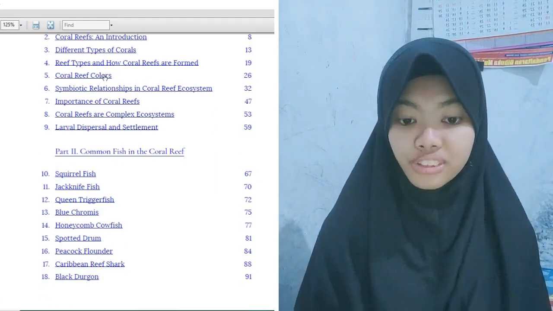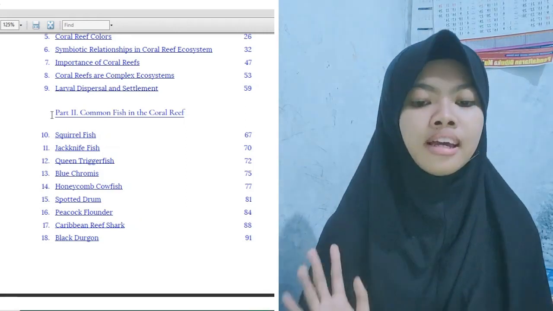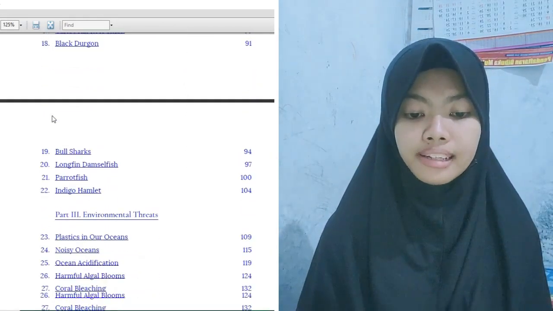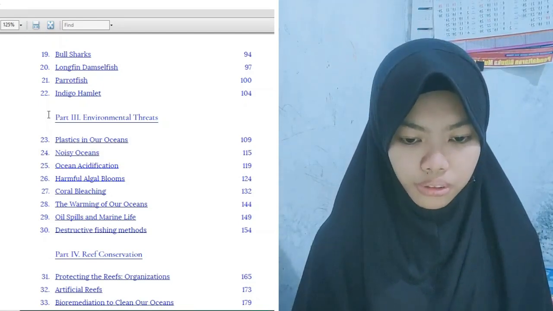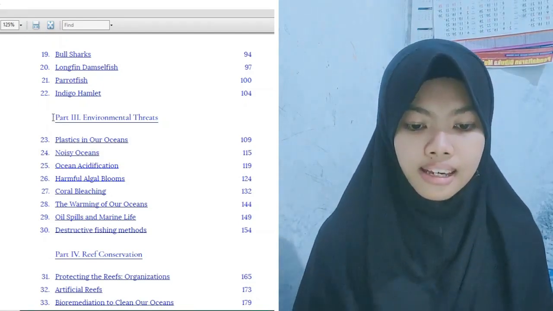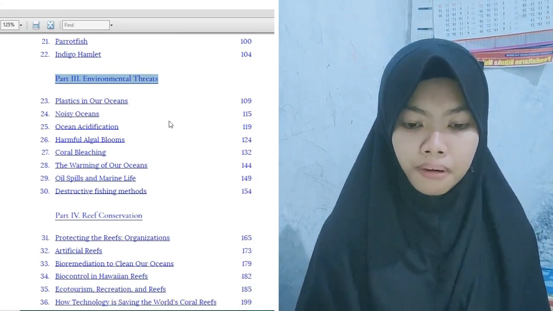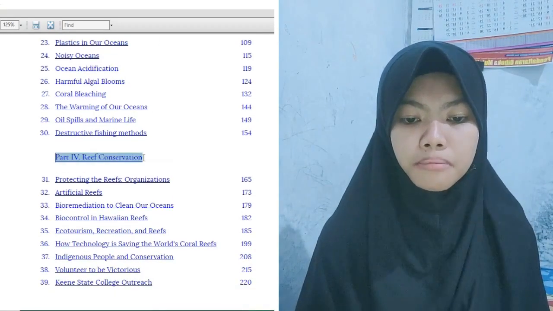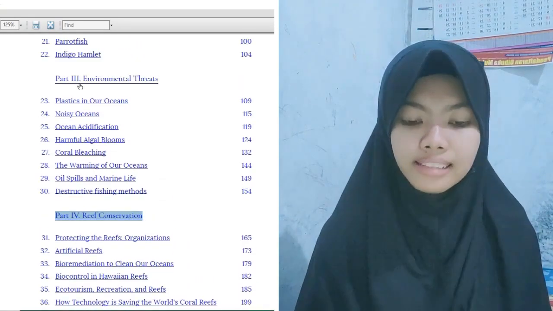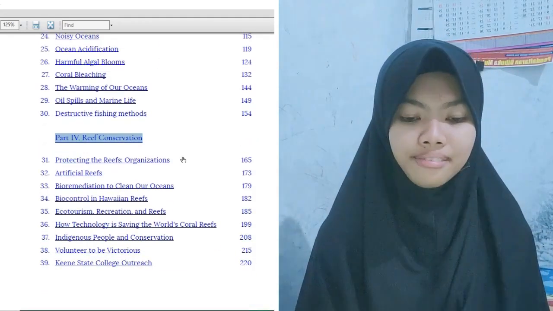Then it also introduced us to the common fish in the coral reefs. Then the second main part states the problem, which is the environmental threats, and the third part states the solution. So the problem is the environmental threats and the solution is the reef conservation.